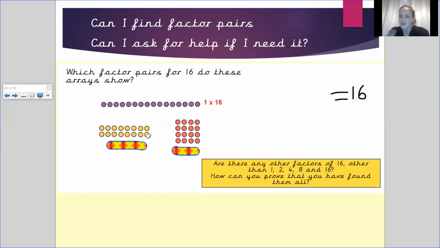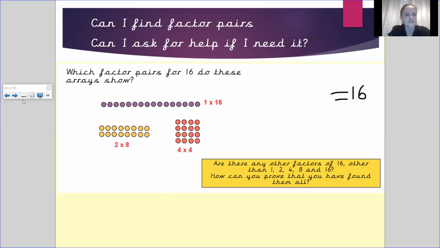The factors from that array would be 2 and 8. The next one, there are 4 rows and 4 columns, which means I have 4 rows of 4. So the factor pair there would be 4 times 4.